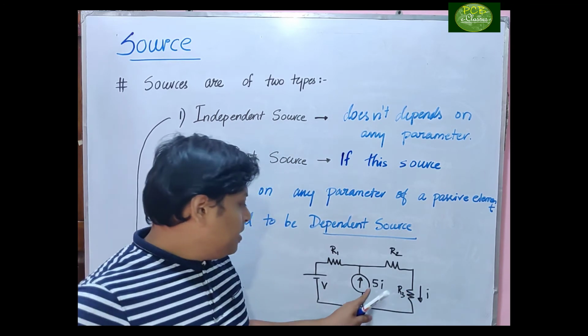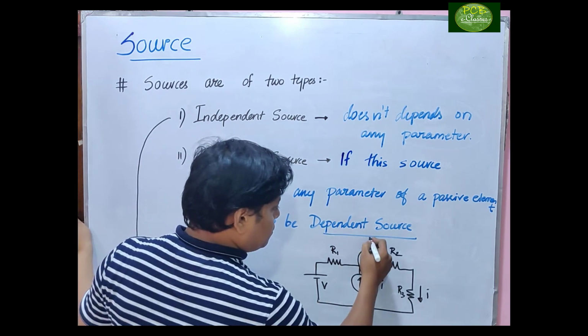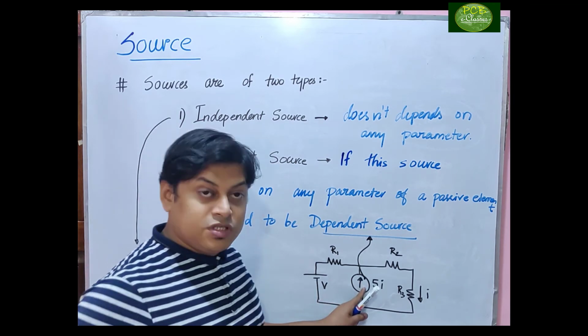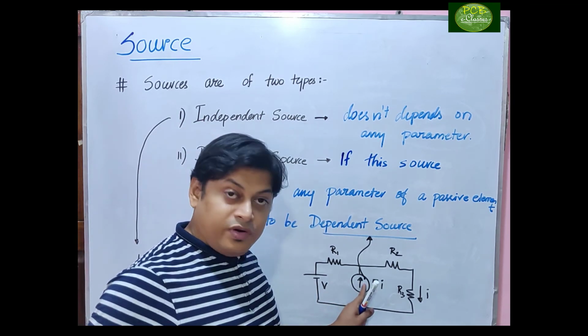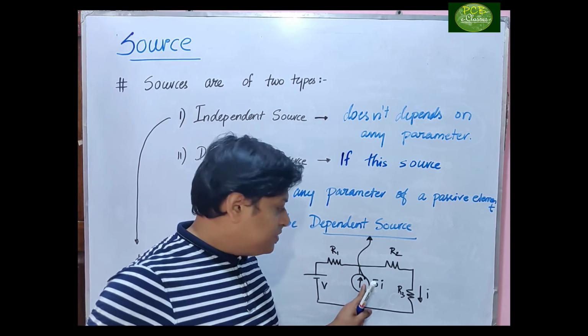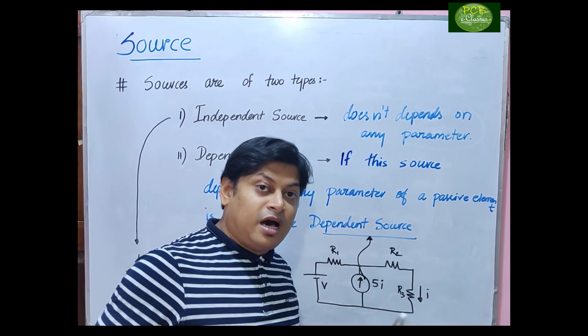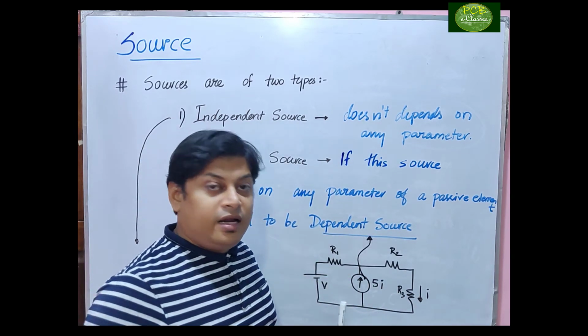That is why this source will be said as dependent source. What type of source? Dependent source. Why? Because its current value is depending on the current flowing in the resistor R3. Thus, it is said to be the dependent source.